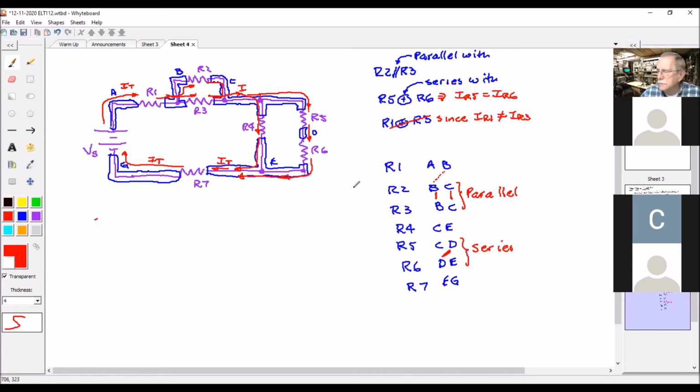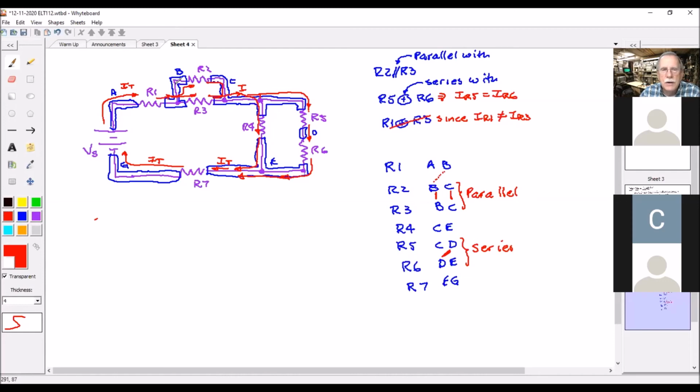Professor, let's say you have IT, and you have the current value for one of the resistors, R2 or R3. You find the other one by subtracting or something like that. Absolutely. Kirchhoff's current law works at any node. We used it in a parallel circuit, but it works at any node.